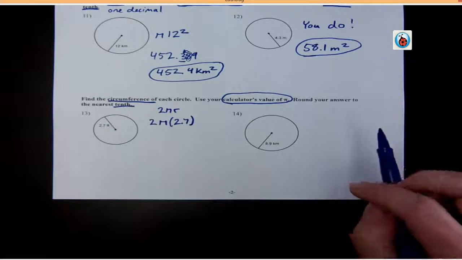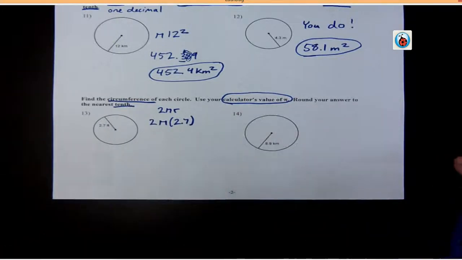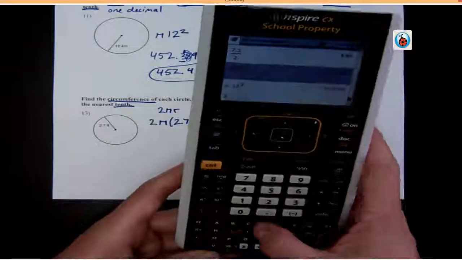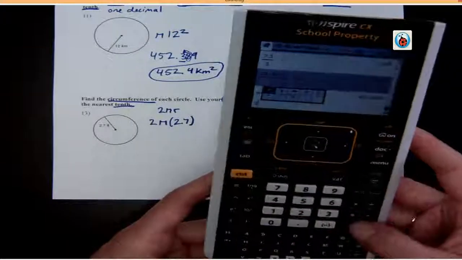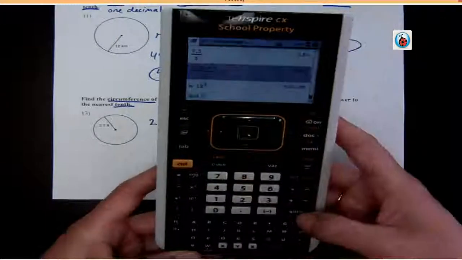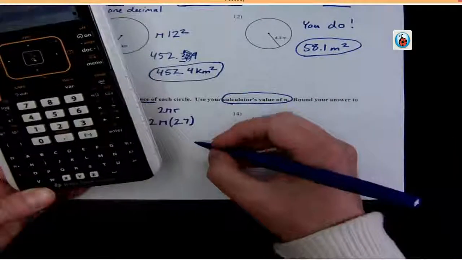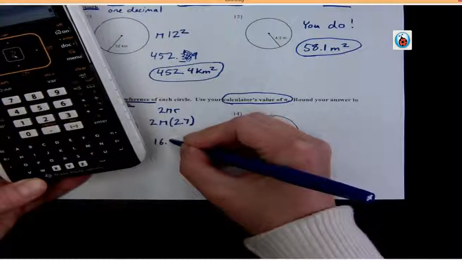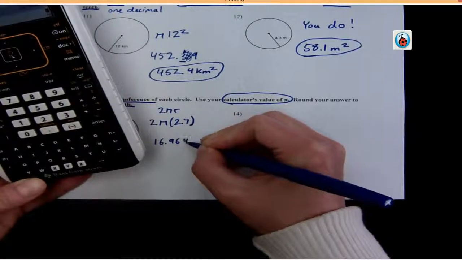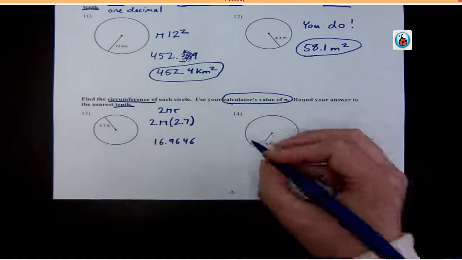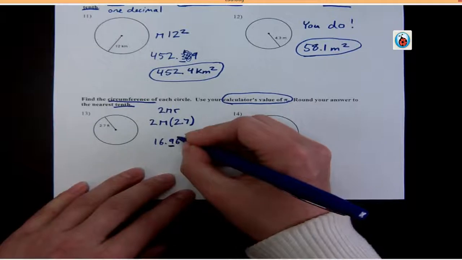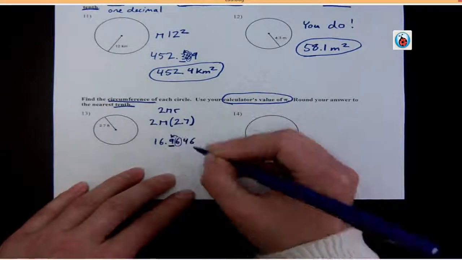And when I plug that into the calculator, it becomes 16.9646. So I come here to the 1 decimal place. I see that this number is bigger, so it rounds it up.